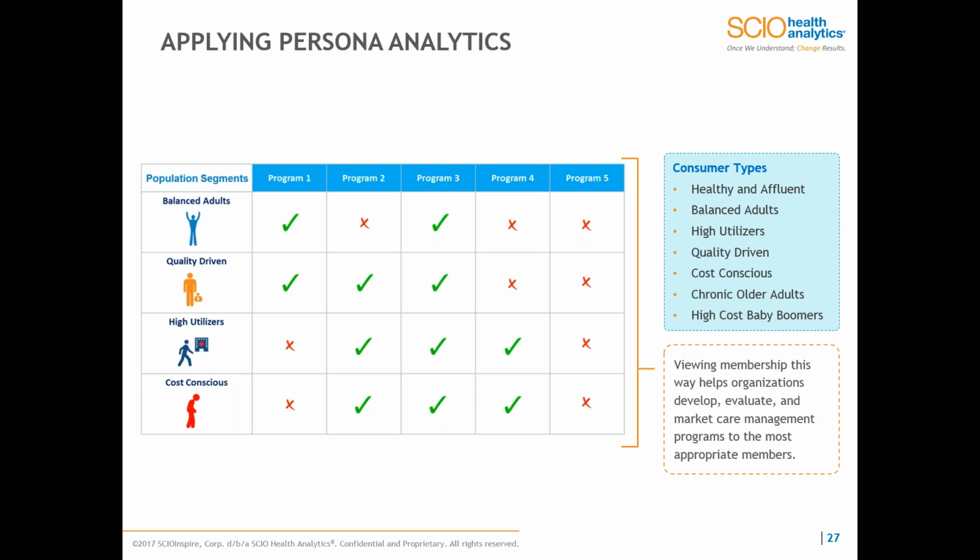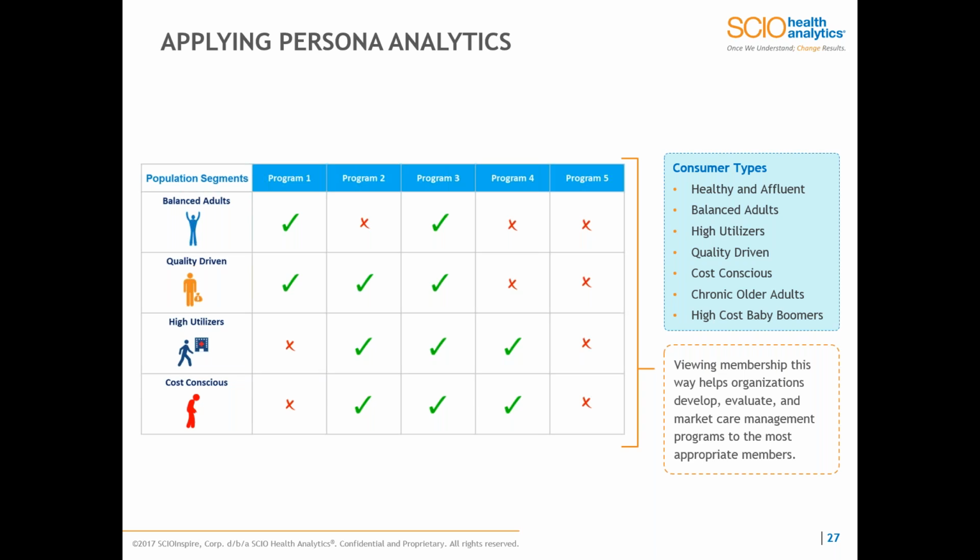And the only way that you're going to be able to do that is by using your data in the most effective way, using advanced analytics in order to drill down within that population, to segment it, to truly stratify it in multiple different ways, multiple different levels, using all of the data that you have in order to drive the engagement into the programs that you need, to either keep them healthy or help them get healthy and improve their quality of life.